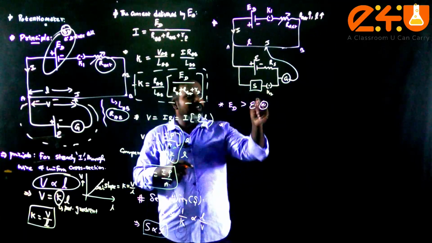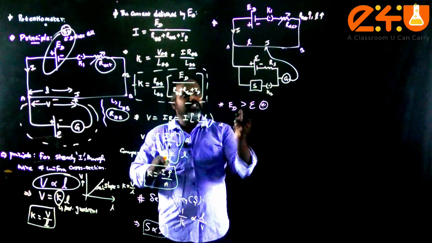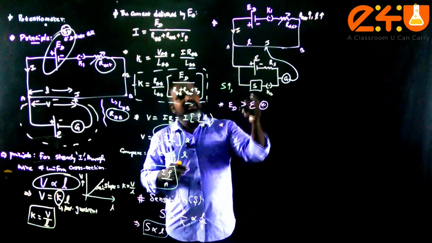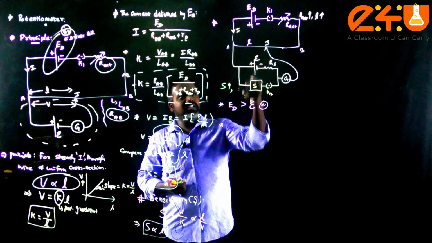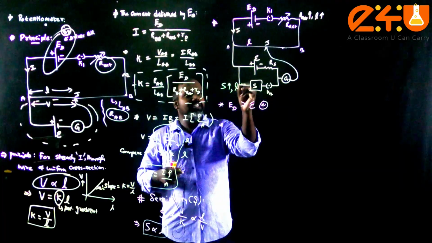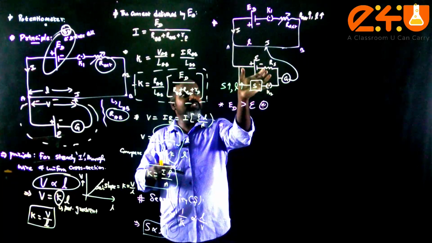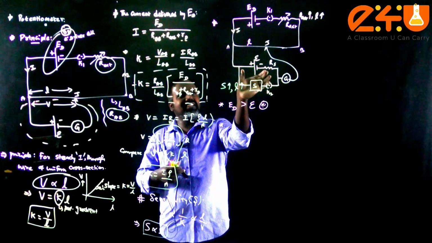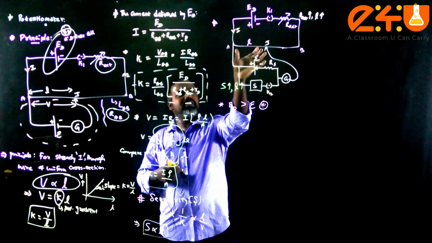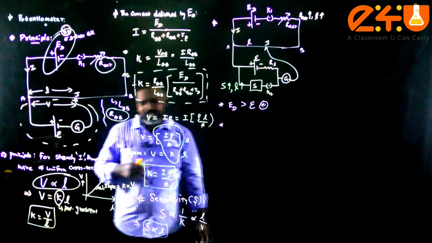In the case of the effect of the shunt resistance, suppose the shunt resistance increases, the parallel resistance connected with this cell, then the balancing length also gets increased. In this case, the terminal voltage of the cell will decrease. That terminal voltage should be the same as the voltage across these two points A and J. We know that V is equal to E minus Ir.